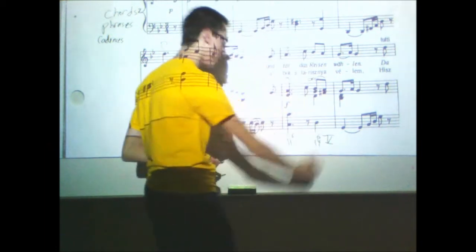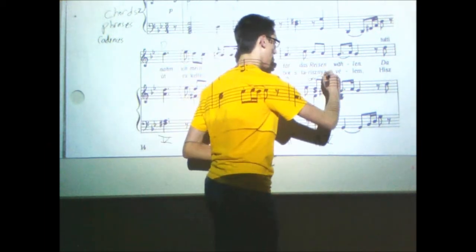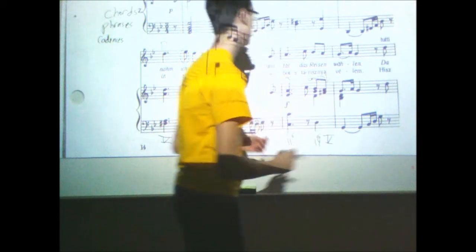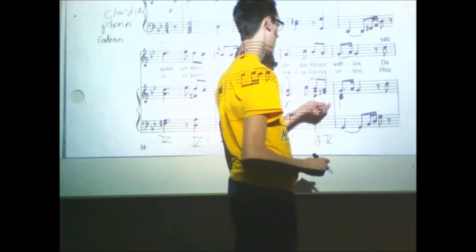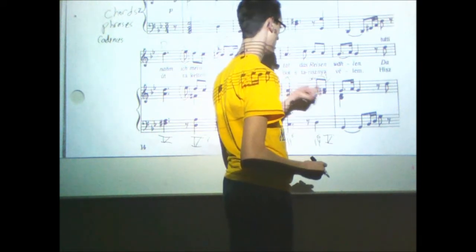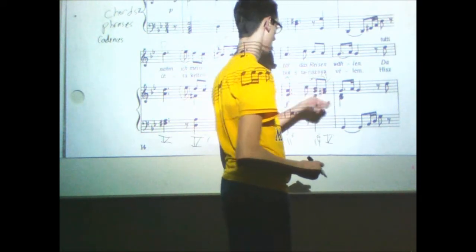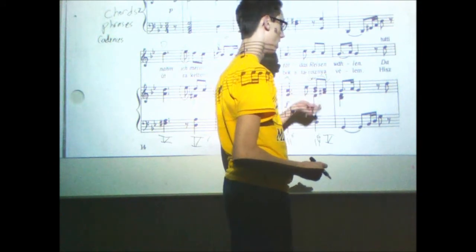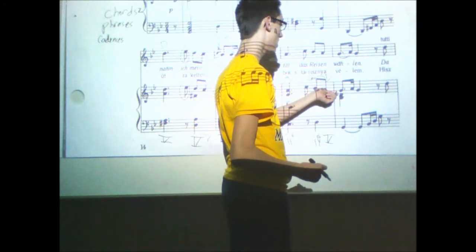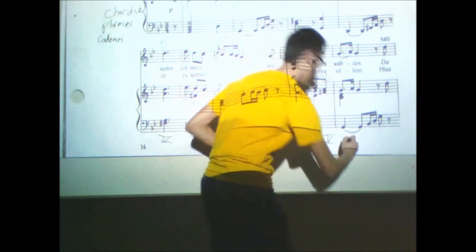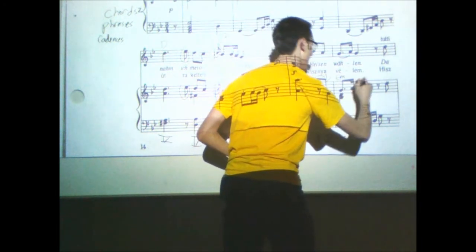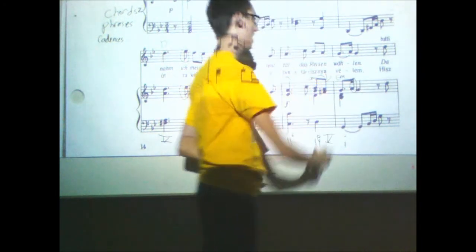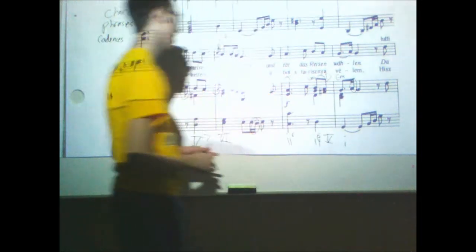It's a dominant function, D major. La, la, la, mi, la, la, do, mi, do, la. Chord 1, G minor. The A is the passing tone, and that arpeggiates again.